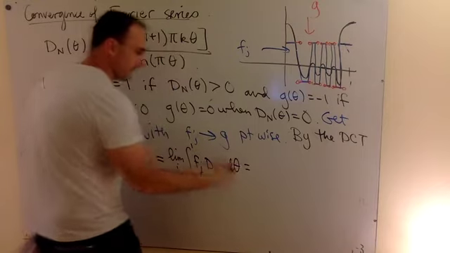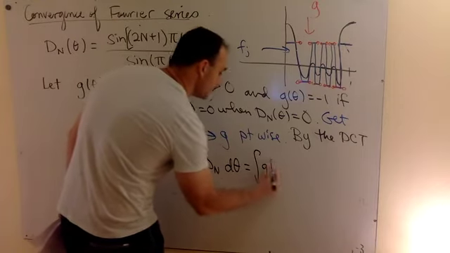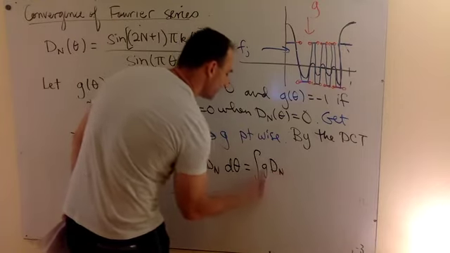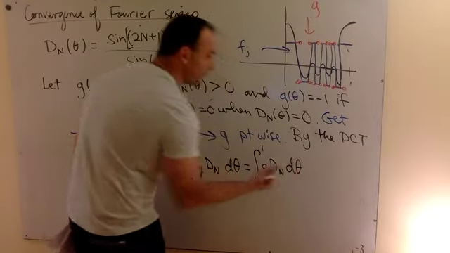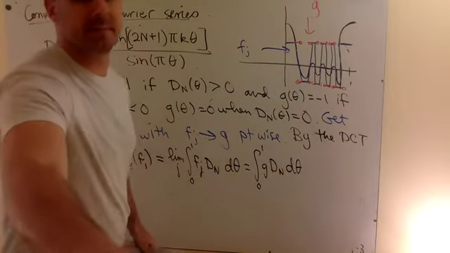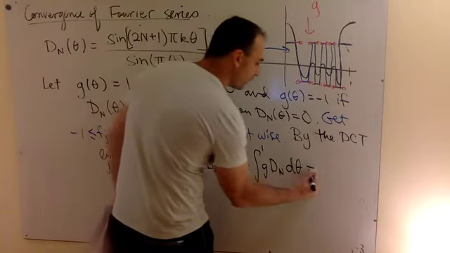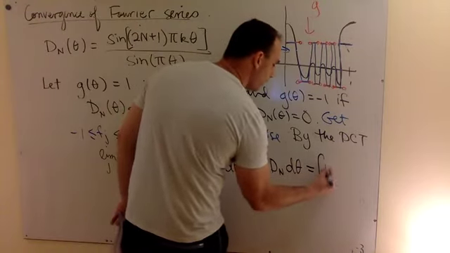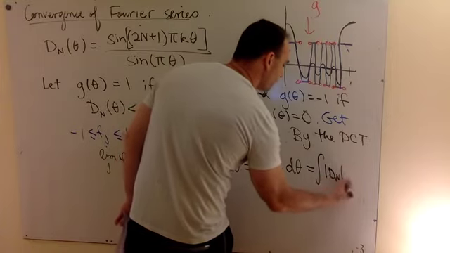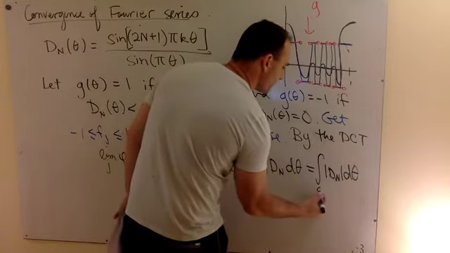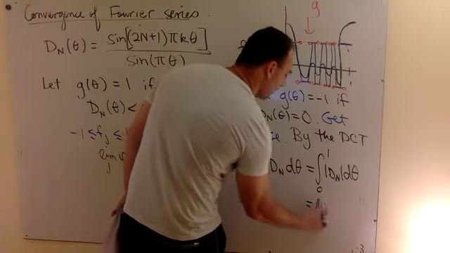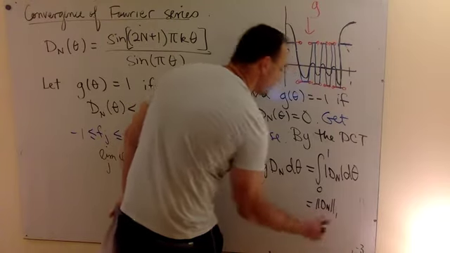I can pull this in and I get g dn d theta, and that is exactly the absolute value of dn, which is the L1 norm. Right, this is the L1 norm of dn.